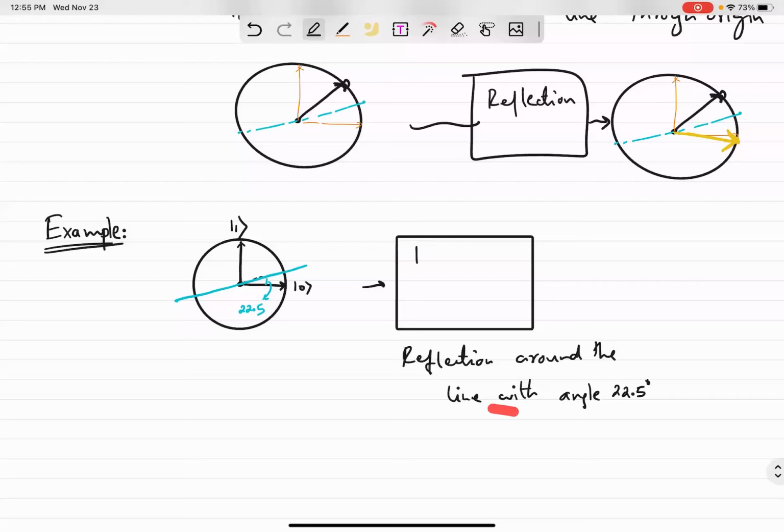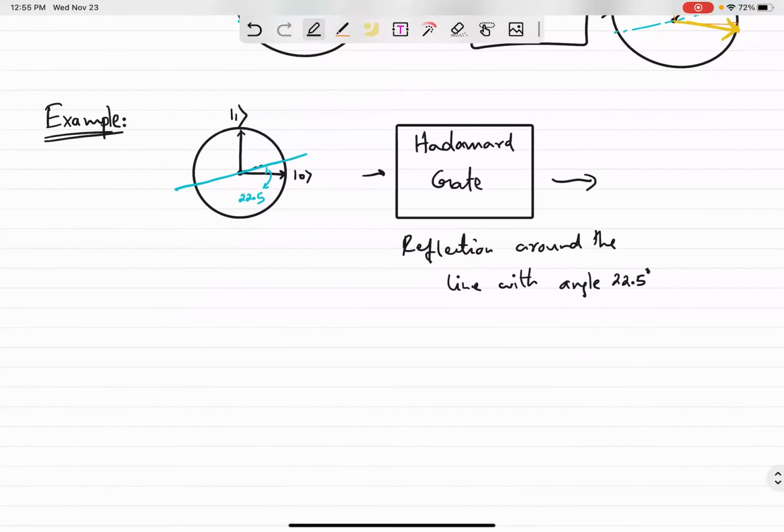It's called the Hadamard gate. Okay. So what does this do, right? Let's kind of get a sense of what this gate does. Okay. If I pass in 0 through this Hadamard gate, what would you get?